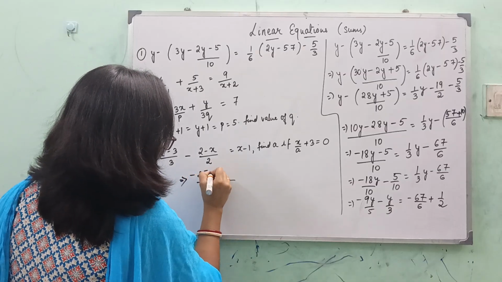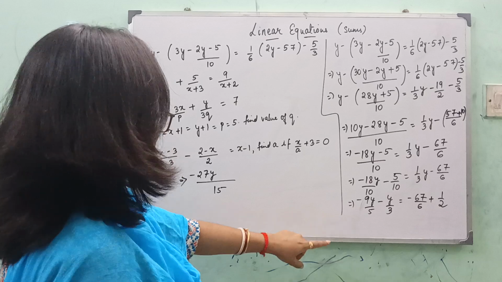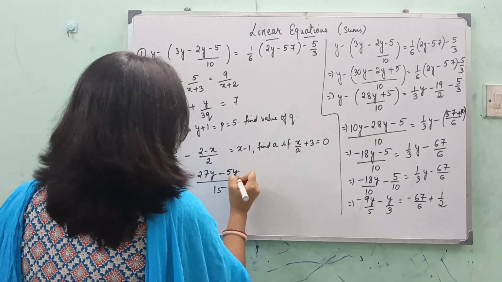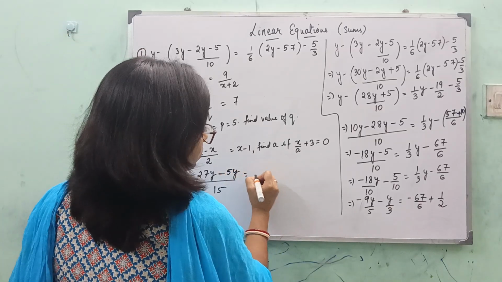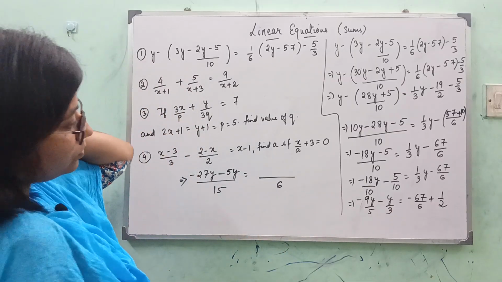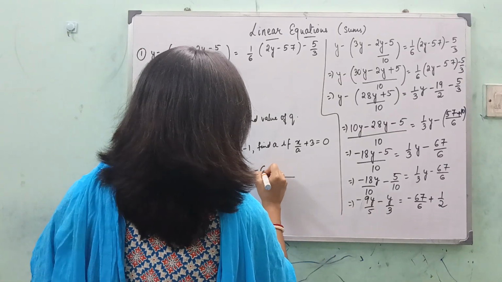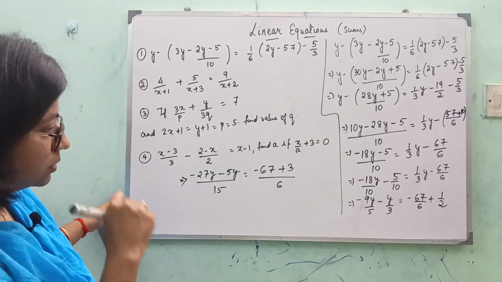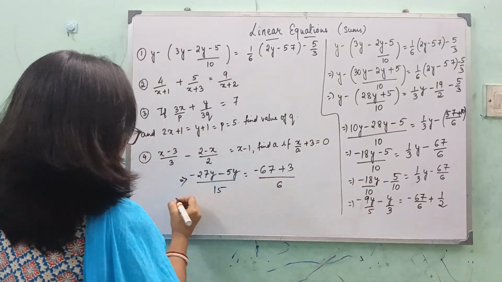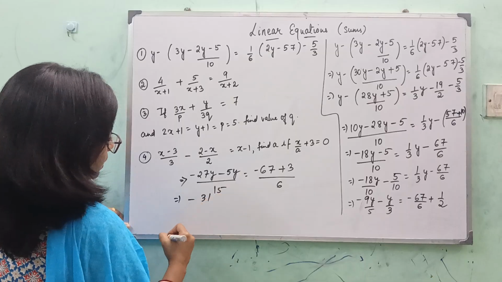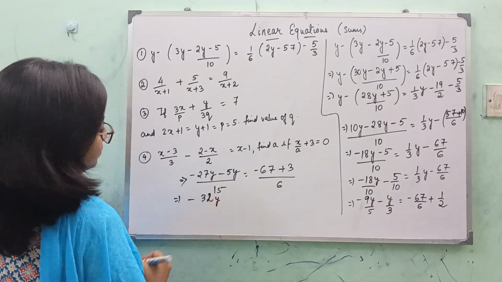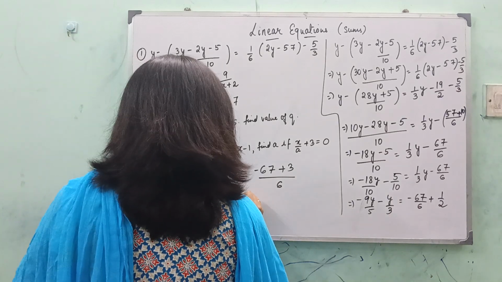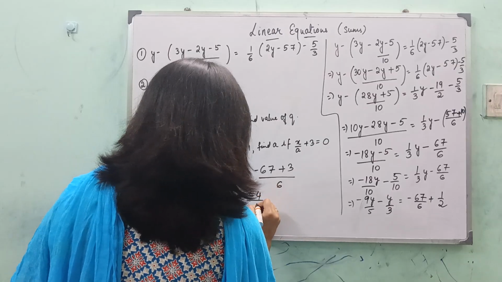is minus 27y. 15 divided by 3 is 5, is 3. 3 9s are 27, minus 27y minus 5y equals to, LCM is 6, minus 67 plus 3, minus 32y by 15 equals to minus 64 by 6.